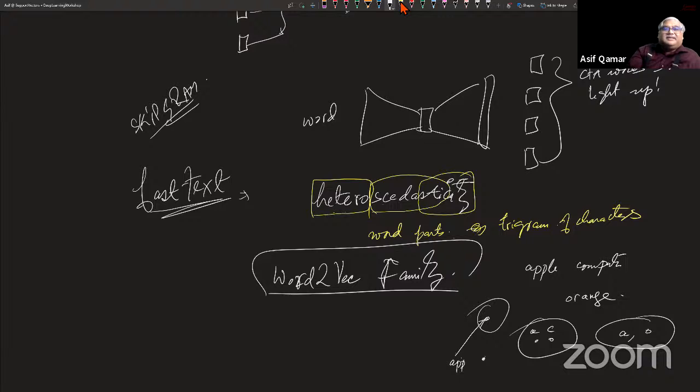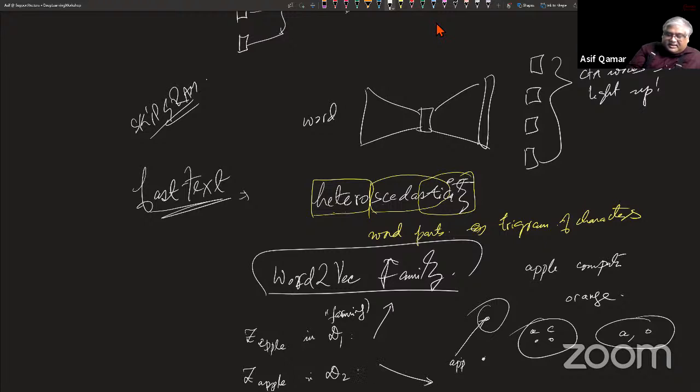And that is the problem in creating static word embeddings like this, that they don't pick up meanings based on how the word is used in a sentence. So ideally what we would want is that the same word, apple, the z vector for this in doc d1 should look like this, and the same z vector, apple, in doc d2, let's say this is about farming, should look completely different.